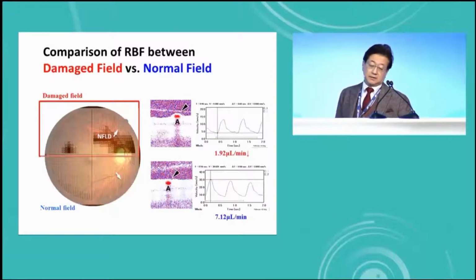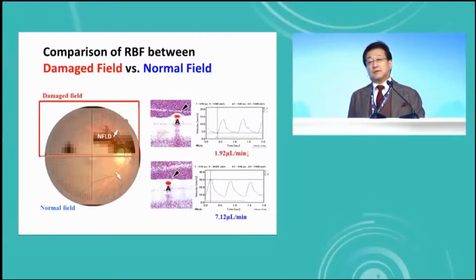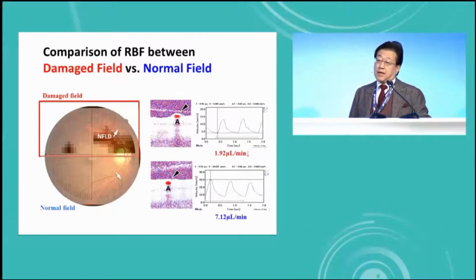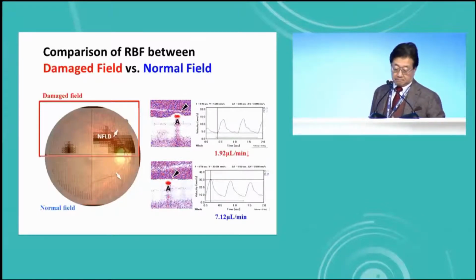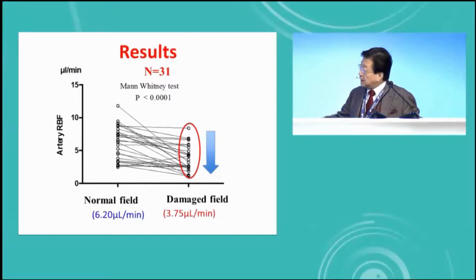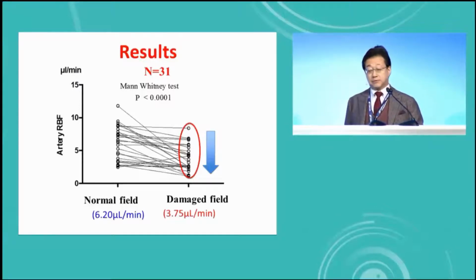It means that in the area of the damaged field, retinal blood flow is extremely significantly decreased, which may cause further progression of the glaucomatous scotoma. We did 31 cases, and the paper is under preparation.